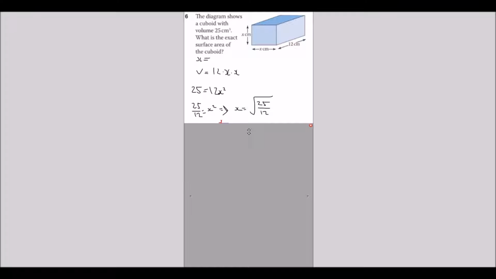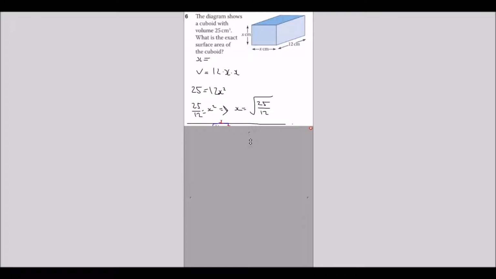So if 25 over 12 is x squared, I know that x is the square root of 25 over 12. And again, we're doing exact calculations, so this is the answer. I don't need to get a rounded decimal or anything like that. It says in the question here exact, so here it is exactly.